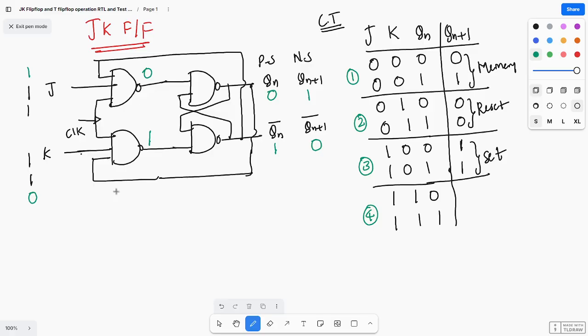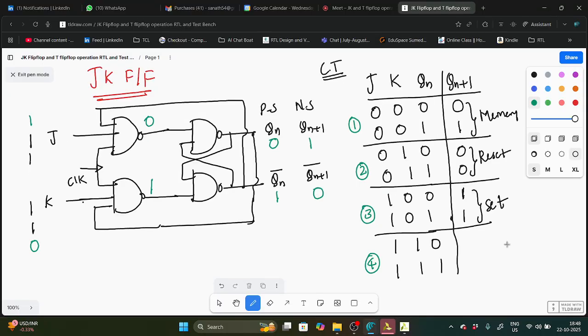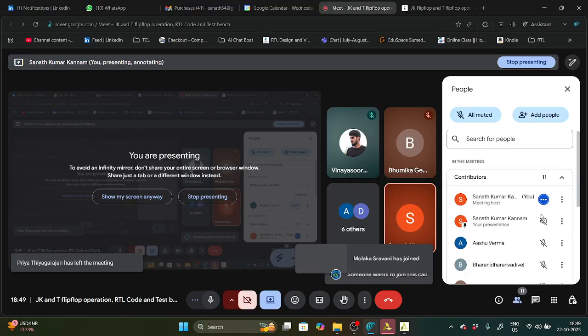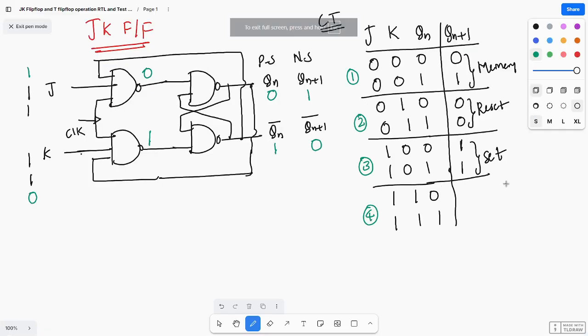And we'll see the next case. I'm taking Qn as 1 and Qn bar as 0. Now what happens? It will be feedback, no? Here anyway J is 1, and Qn bar is feedback.